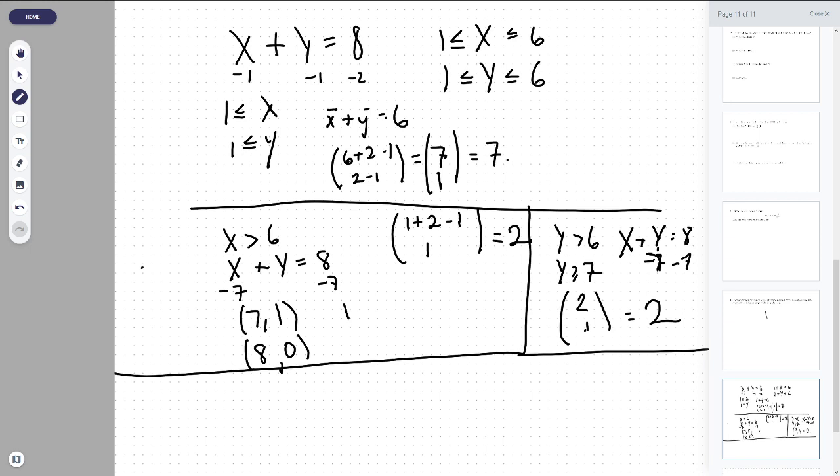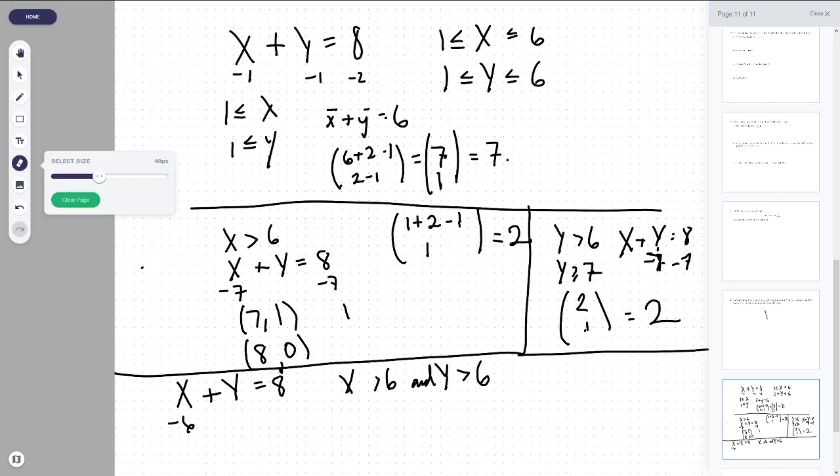So anyway, now what we're going to do is we're going to say x plus y is equal to 8, where x has to be bigger than 6 and y has to be bigger than 6. So now this is both. Well, if that's the case, then we actually have to subtract off 7 from both.